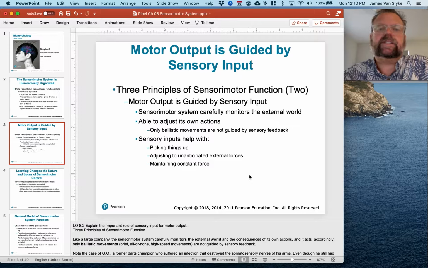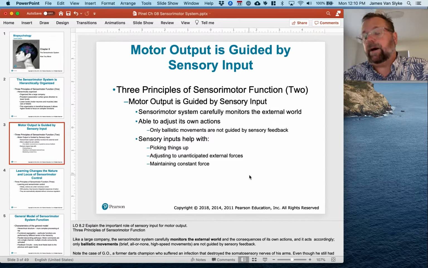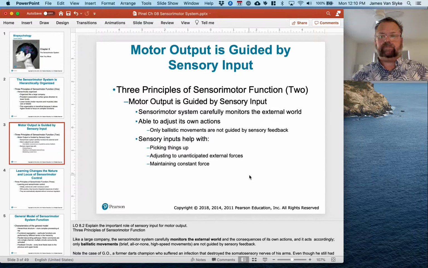Okay, so the second principle is that motor output is guided by sensory input. This is the idea that when we're doing something with our hands or our legs, or walking, whatever it might be, it's guided by our sensation. It's guided by our vision, meaning we look at what we're going to pick up. We look at where we're going to walk.